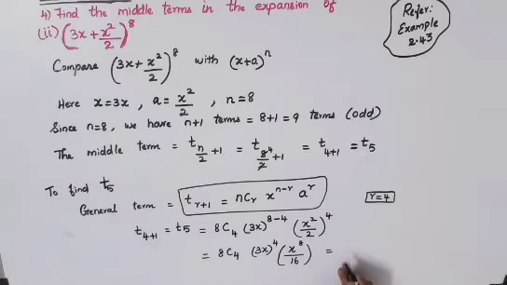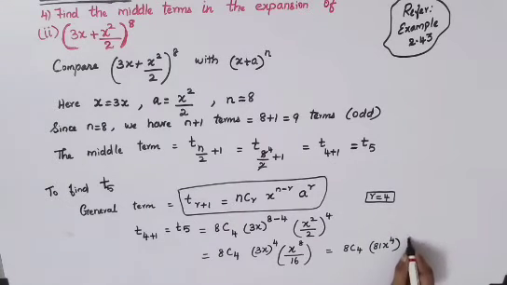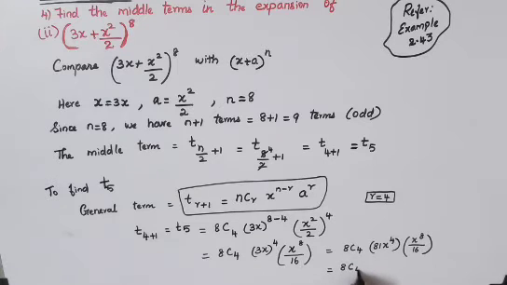So that is equal to 8C4. And here you have got (3x) power 4, so 3 into 3 into 3 into 3, you will get 81 x power 4 into this x power 8 divided by 16, which is equal to 8C4.